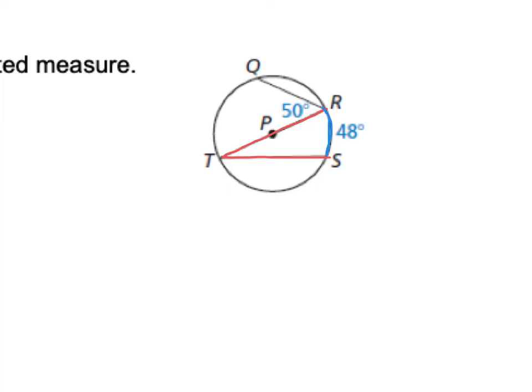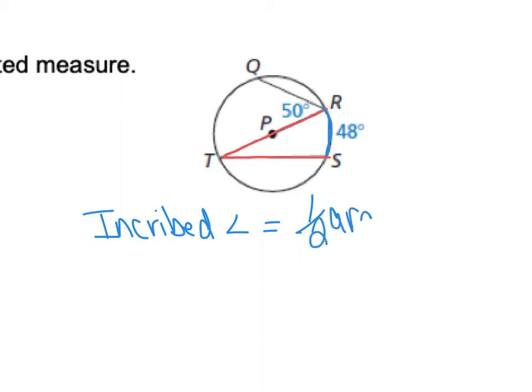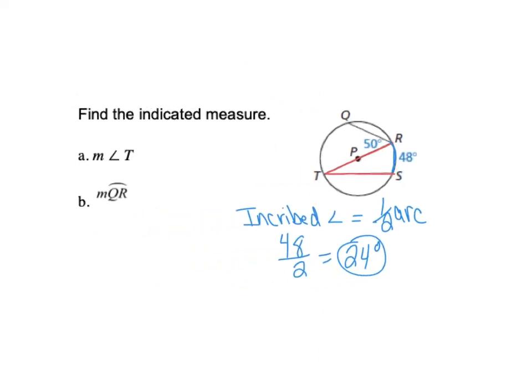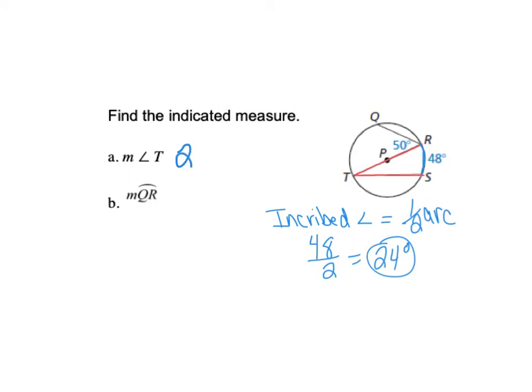So I know the measure of my inscribed angle equals half the measure of my arc. So angle T is going to be half of 48, which is 24 degrees.